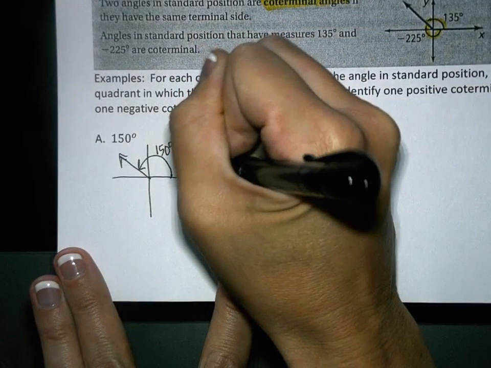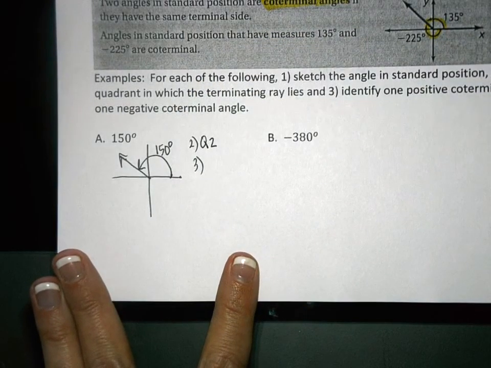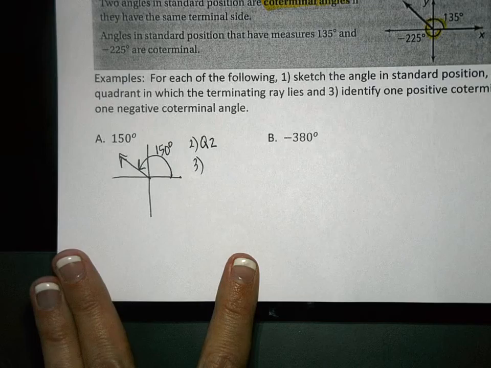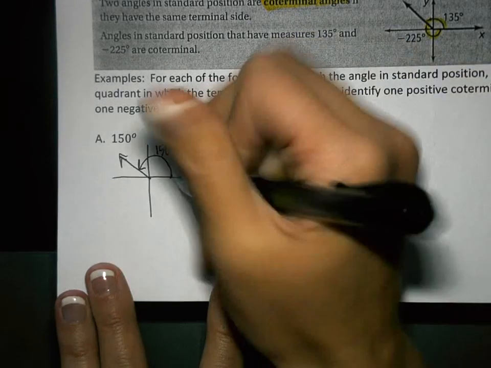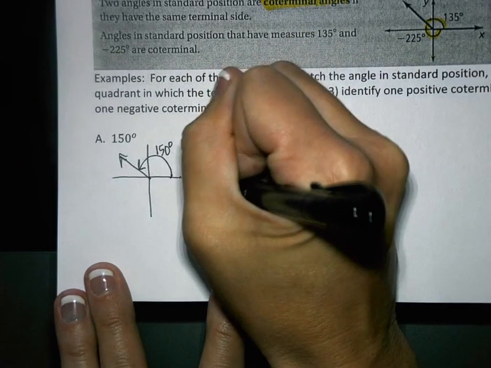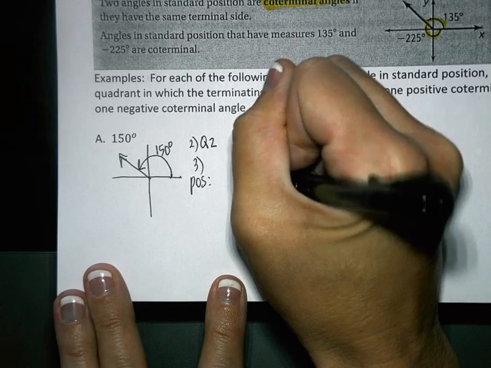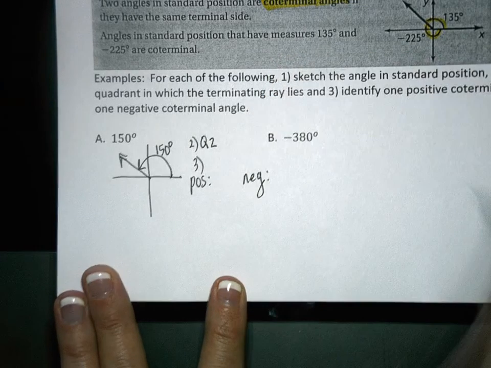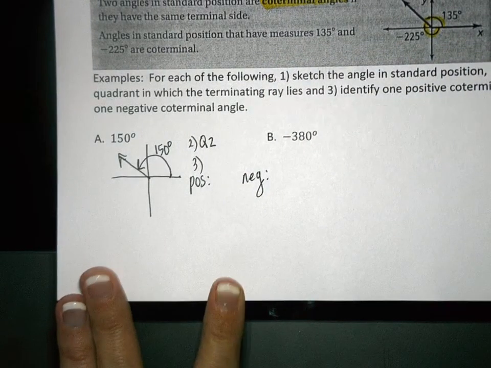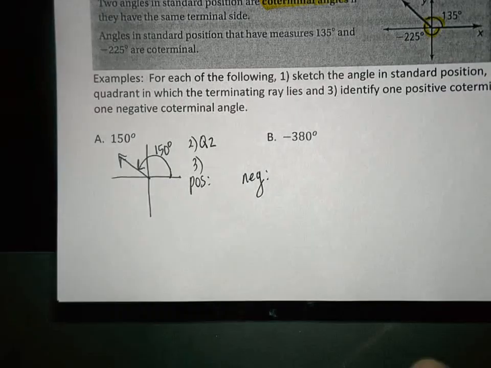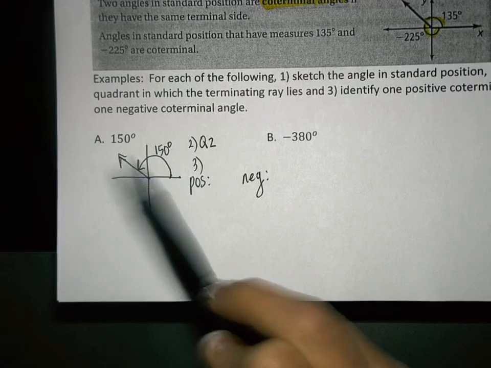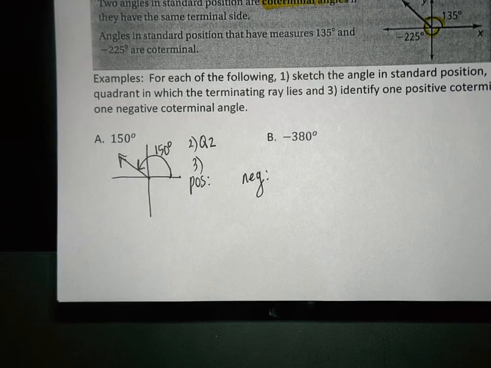Now 3 asks us to identify one positive coterminal angle and one negative coterminal angle. So I'm going to go ahead right here, and we're going to put positive and negative. For this problem, I feel like the negative one is probably the easier one to find. So what would I do in order to find my negative coterminal angle? Good.